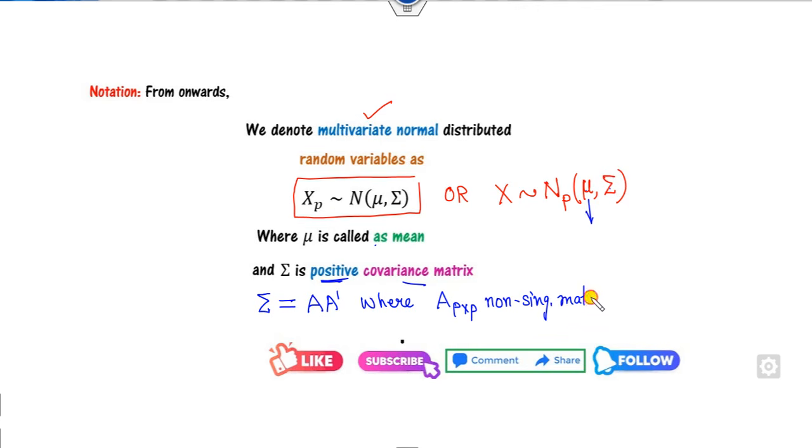So always remember, in future lectures, whenever I write X belongs to the multivariate normal distribution, it means these two properties are automatically satisfied.